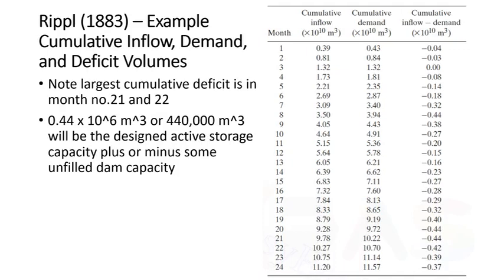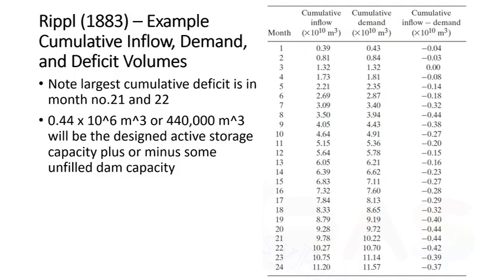So the active storage capacity should be designed for a... so this is incorrect. Sorry, this is an incorrect number. It's 0.44 times 10 raised to 10, which is around 4 billion cubic meters.